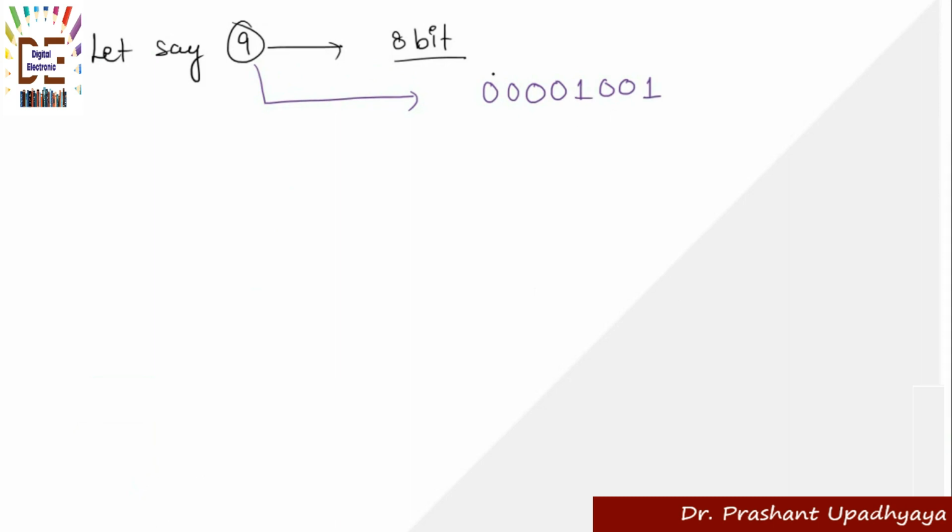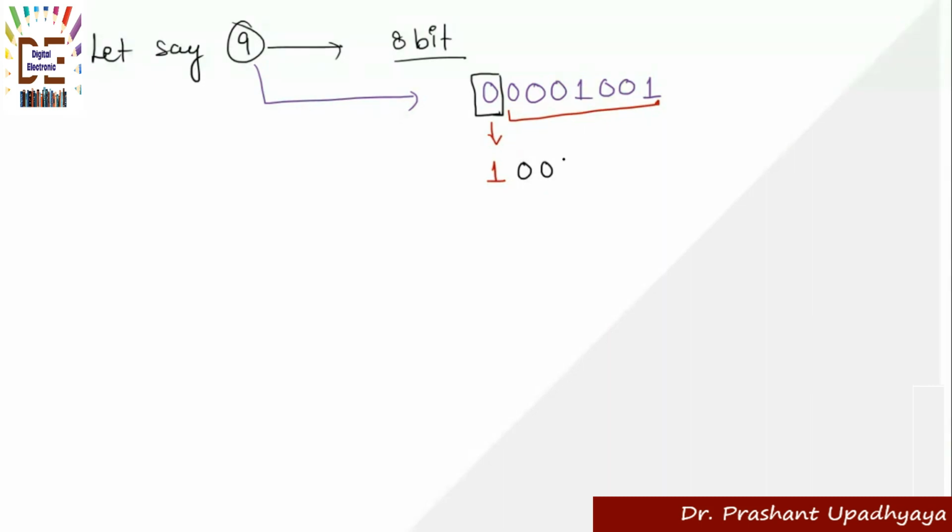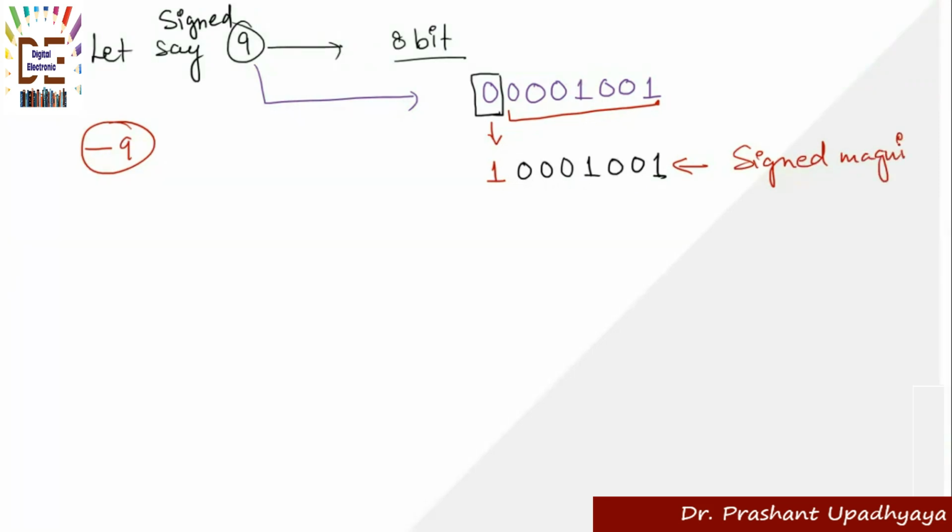If I replace this 0 with 1 and copy the rest of the number, 0001001, then with the sign bit it will become a minus 9. We have taken minus 9 and represented it in sign magnitude.